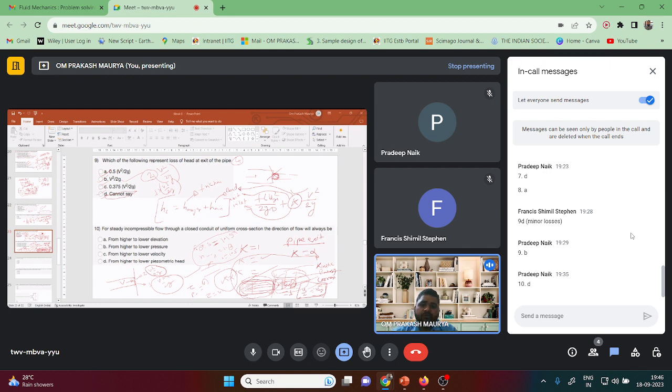Sometimes the term uniform is written as prismatic, so don't get confused by that. The direction of flow will always be from higher to lower elevation, pressure, velocity, or piezometric head.